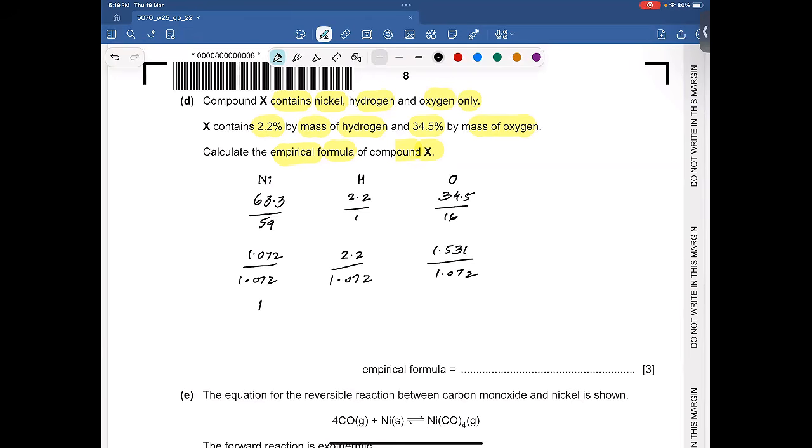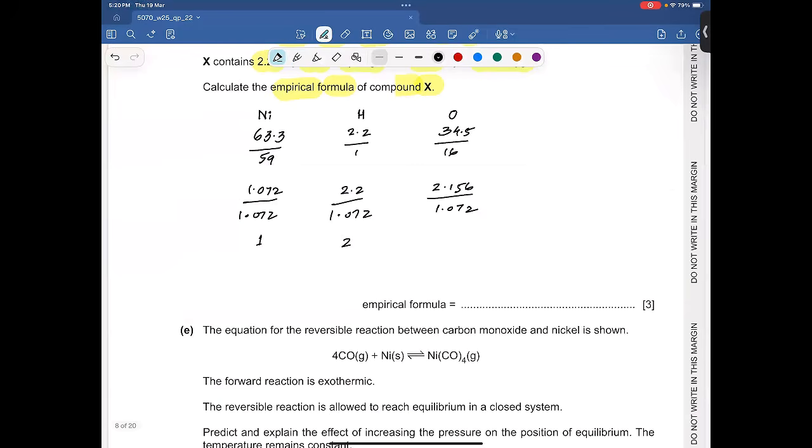So 2.2 divided by 1.072 is 2. Oh my bad, what I did here is not a correct value.